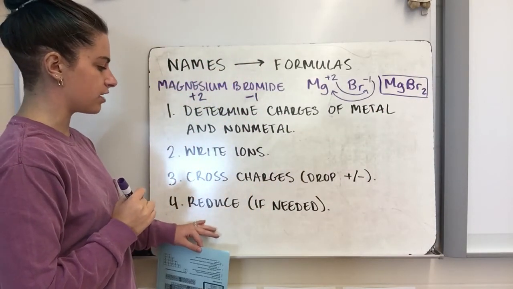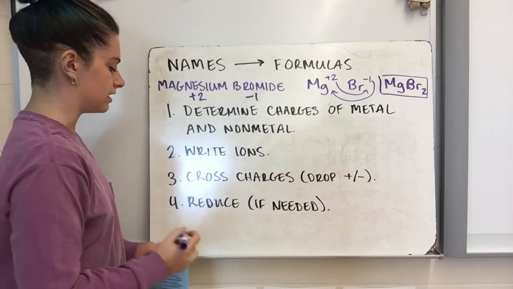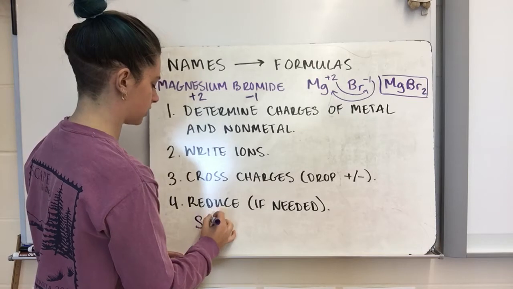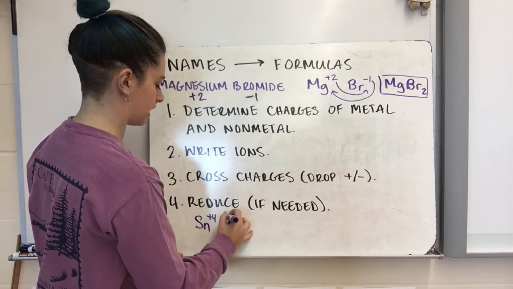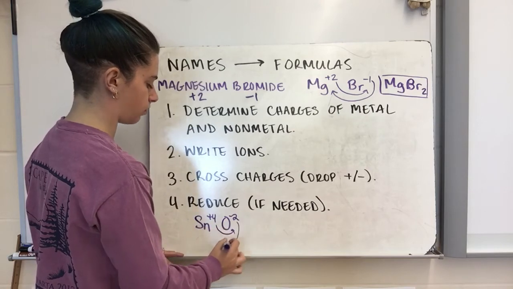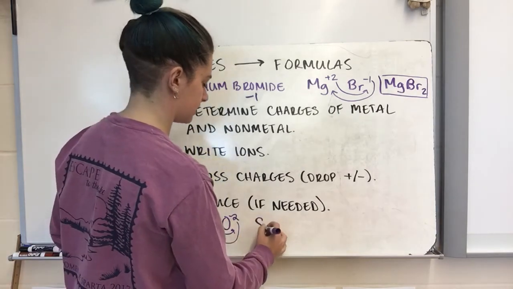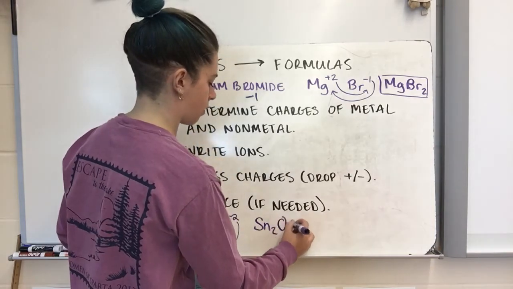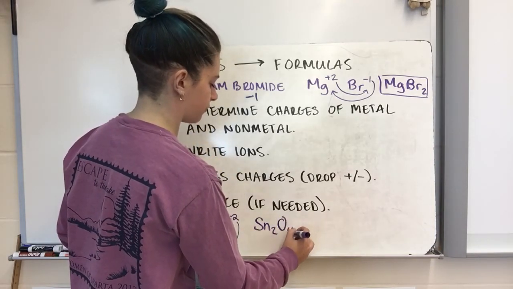Now, an example where you might need to reduce is, say for example, you have tin with a +4 charge and oxygen with a -2 charge. When you cross those, you end up with tin with a 2 subscript, O, or oxygen, with a 4 subscript.